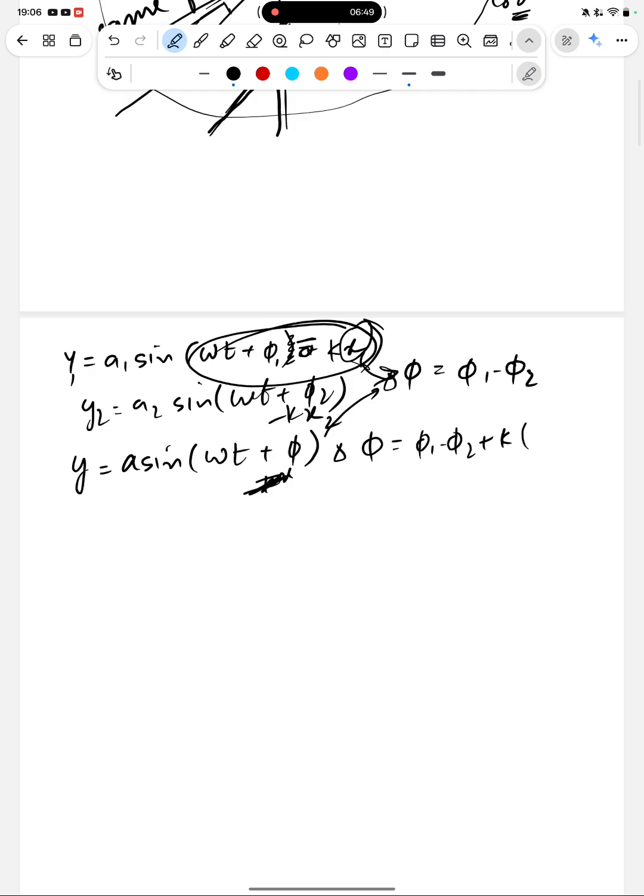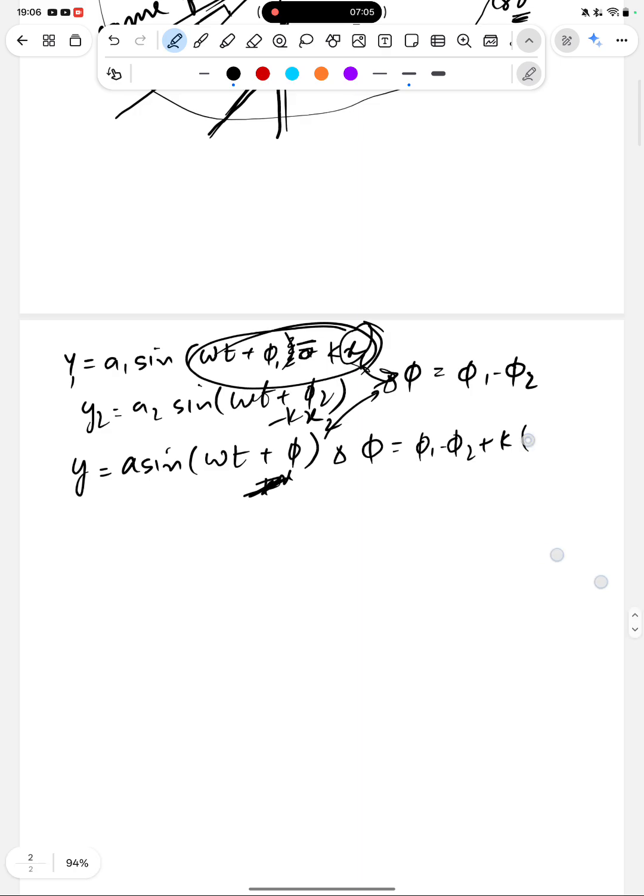K is angular frequency. No, that is lambda. K is angular wave number or wave propagation constant. Okay, and this becomes x2 minus x1 because there's a minus sign, right?